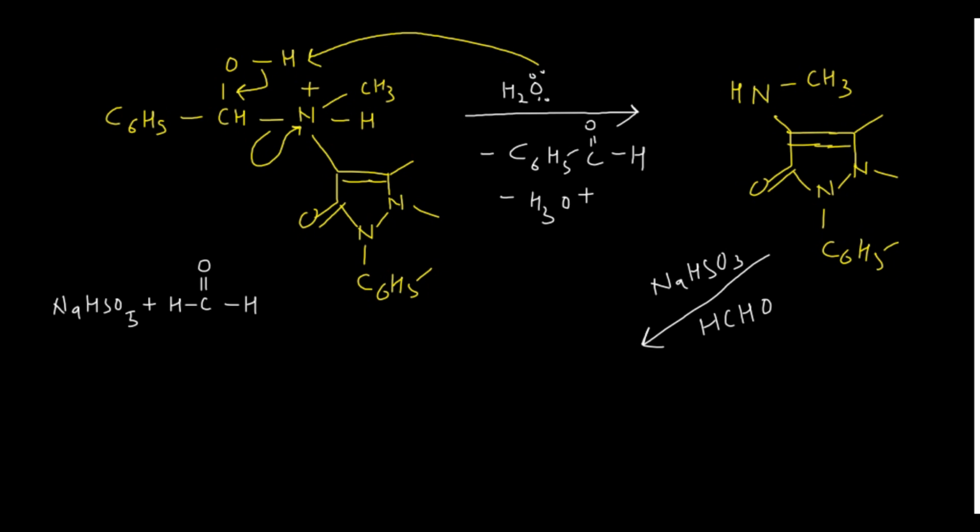So how does the reaction go? This will come up and this will grab sodium from here. Not sodium, very sorry, I made a mistake, because hydrogen is already present there.